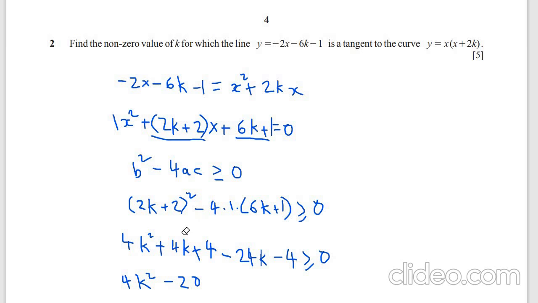Oops, I think I've made a mistake. 8k. And so 8k take away 24k is 16k.